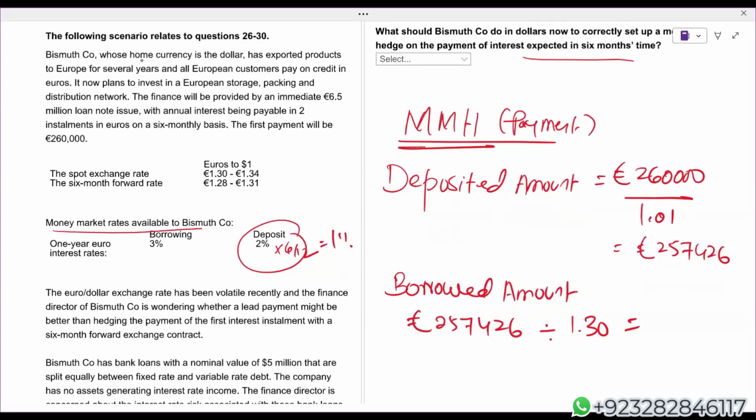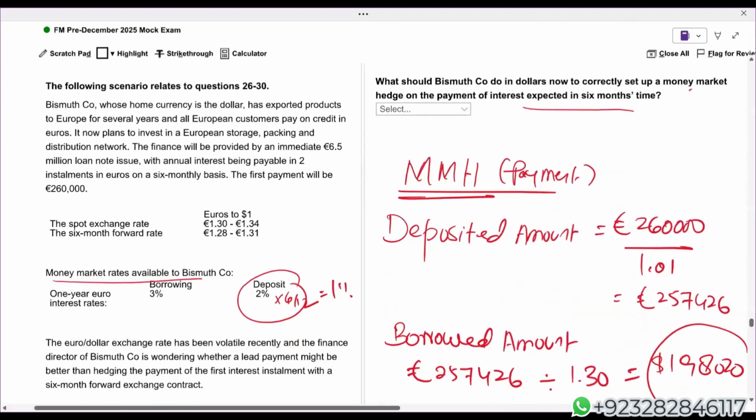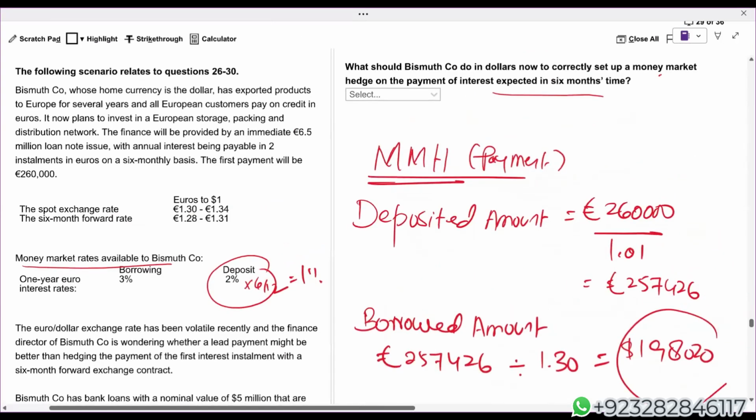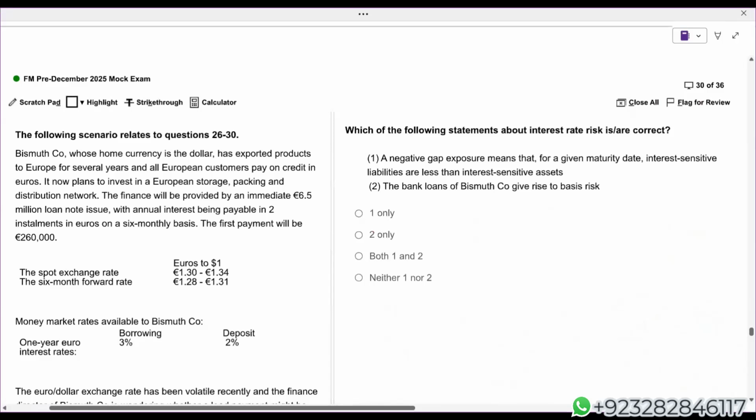I'm getting 1,98,020. So basically today you should be borrowing in dollars 1,98,020. Okay, then let's see.